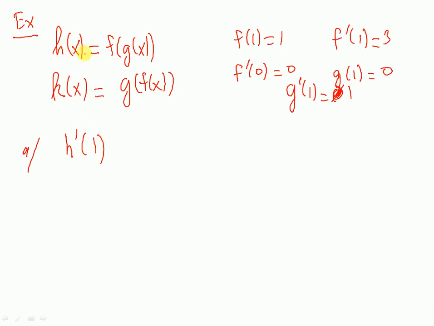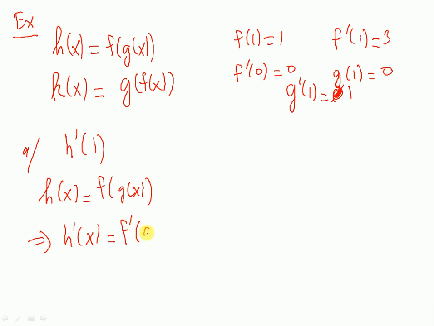Now the function h we are given here, h of x is f of g of x. Your outside function is f and your inside function is g. So if you take the derivative, you take the derivative of your outside function first, which is f prime, and you multiply with the derivative of your inside function, which is g prime of x.